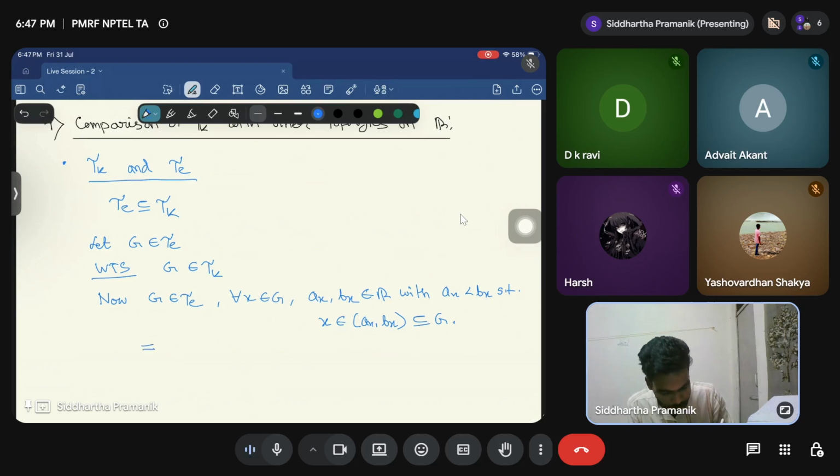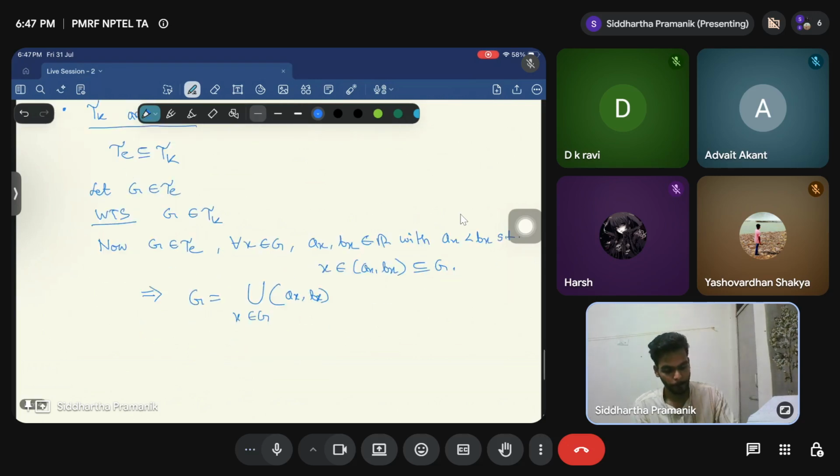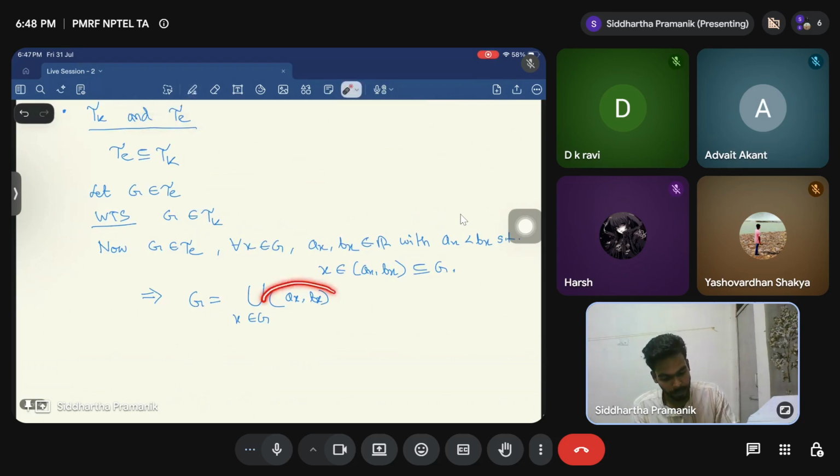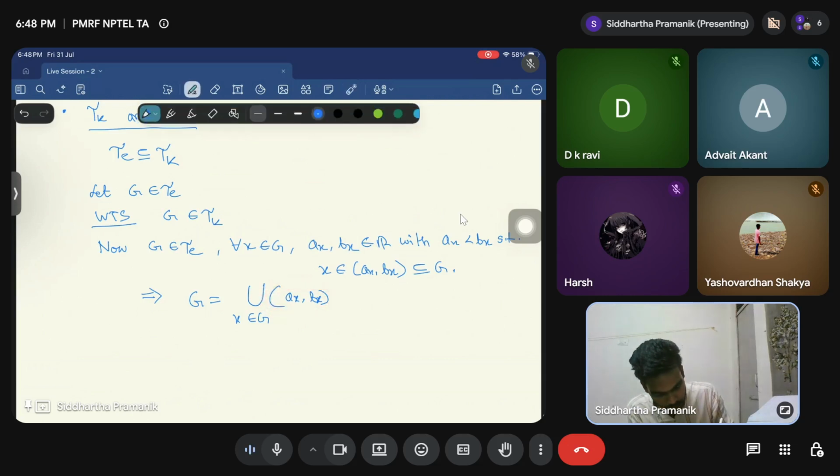So G is the union of these open intervals where x belongs to G. But these open intervals are elements of tau k, and tau k is a topology, so their arbitrary union is also in tau k.